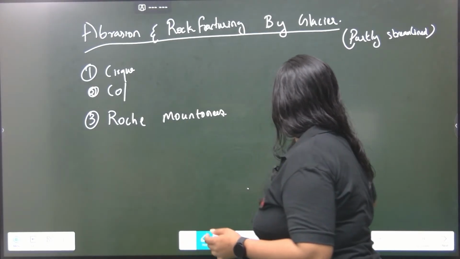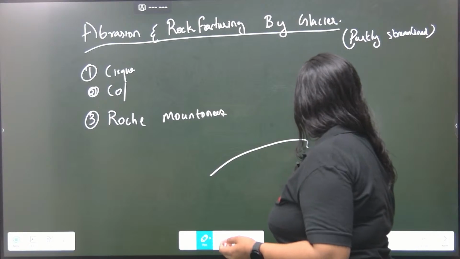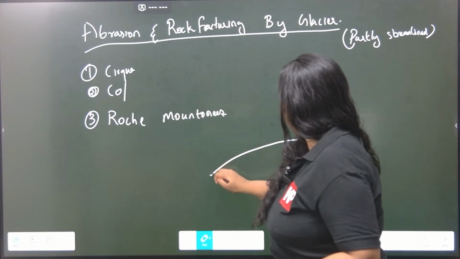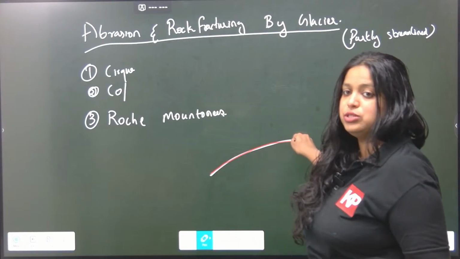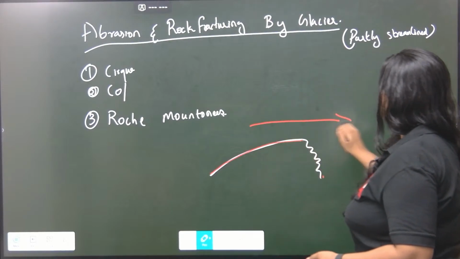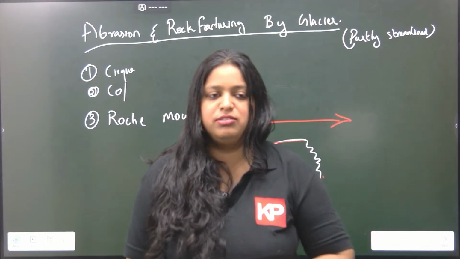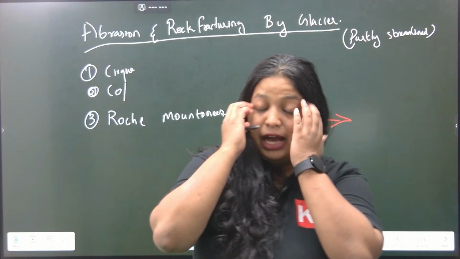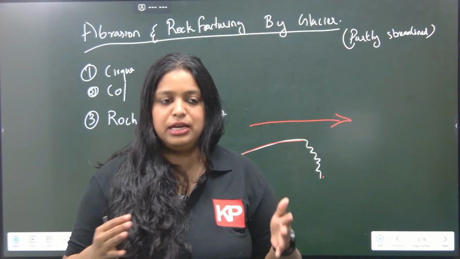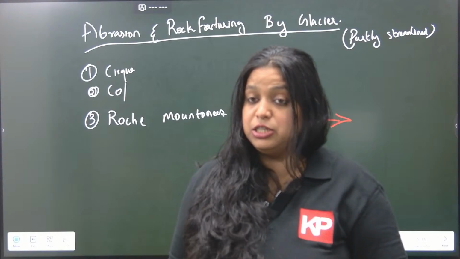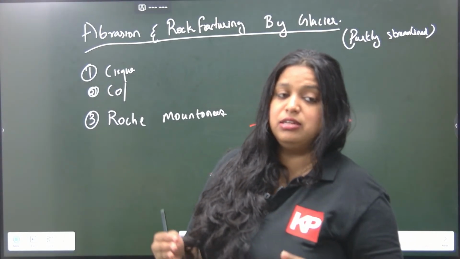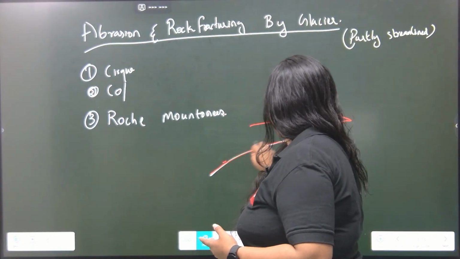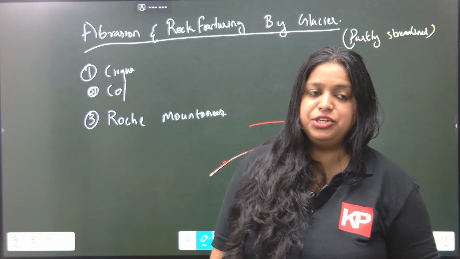If the bedrock is like this, the stoss side is completely smooth, and this is how the flow direction will be. This bedrock feature generally can be more than 100 meters long, and the long axis is parallel to the glacier flow.